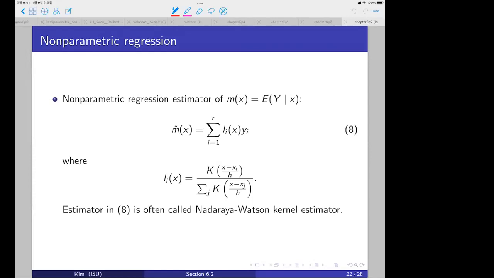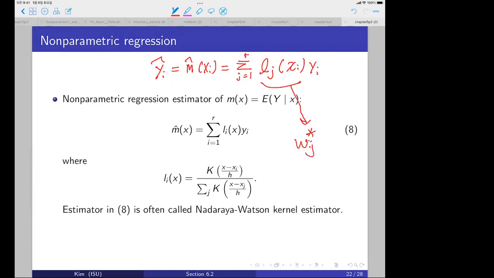I think that is your question. You can write it as m hat of x_i, which is the summation over j equal to 1 to r of l_j(x_i) y_j. This is not really good notation, but the point is that this is actually w_ij star. So is that your question?